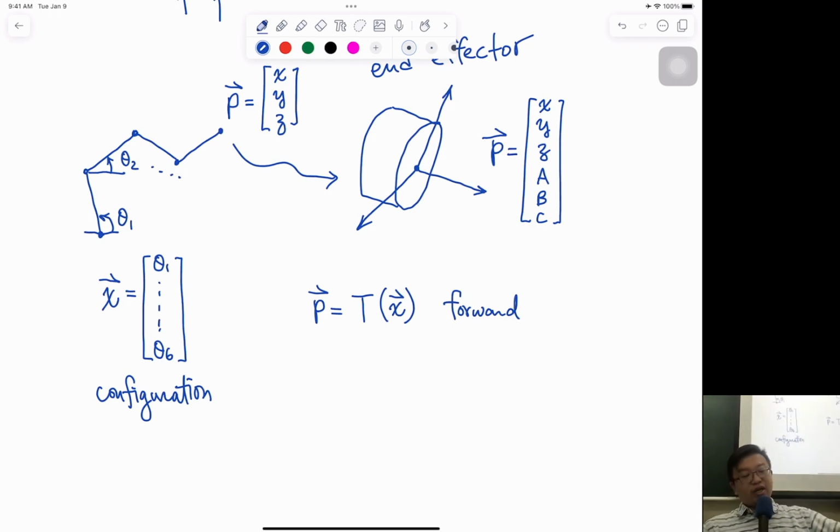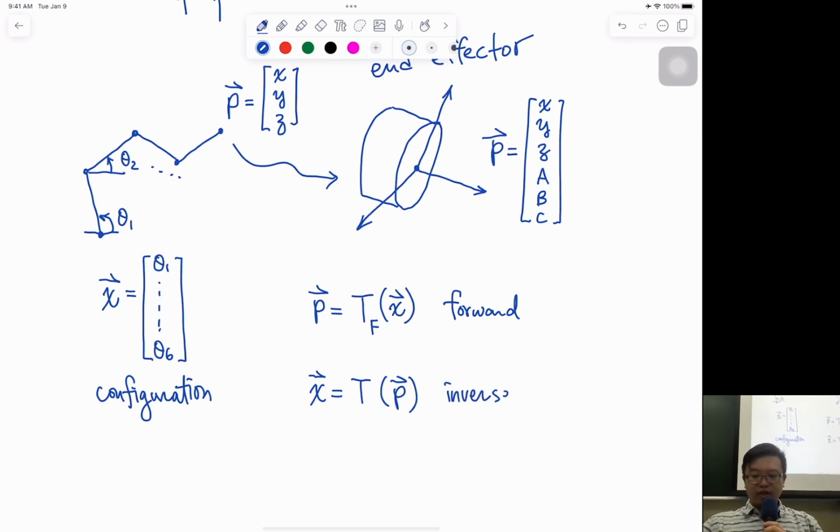If I just plug in some transformation of my joint angles in order to determine the coordinate of the end effector, then this is forward kinematics. I'm going to call this transformation F, okay? If I try to determine the joint angles with some transformation in terms of the end effector, then it is inverse kinematics.